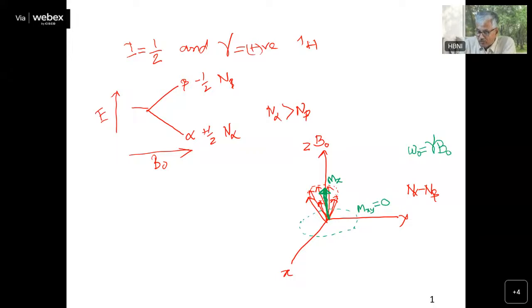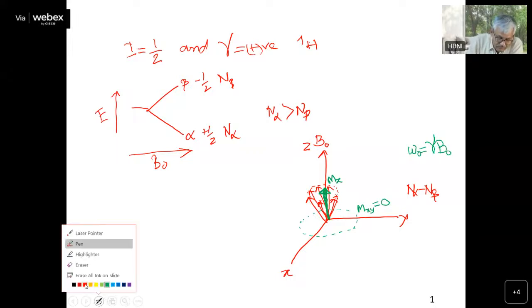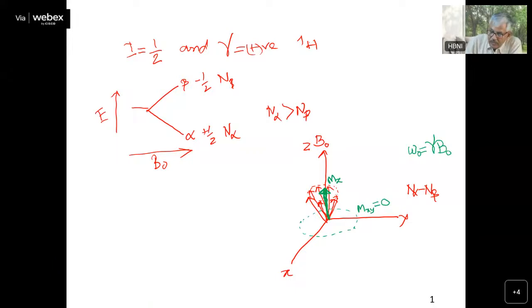For that, you have to put a radio frequency field. What type of radio frequency field?